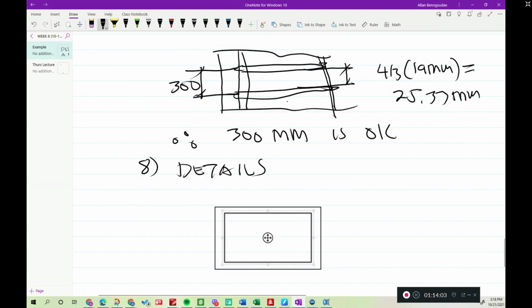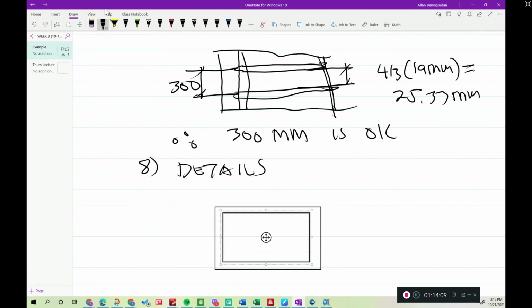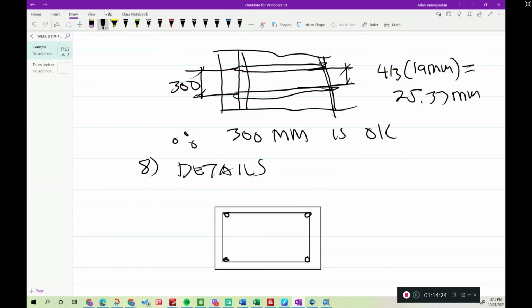So what do we have? Now we can draw. You have to put the sides first, then of course this one is the longest.